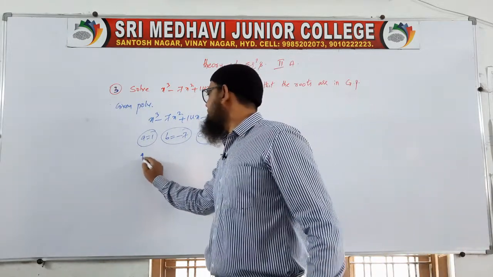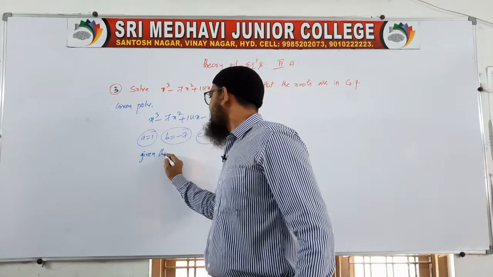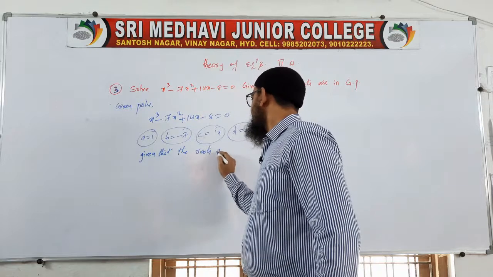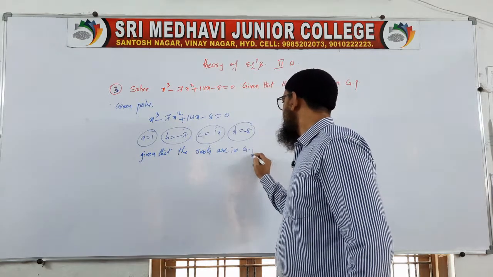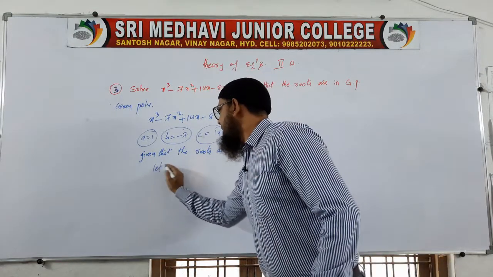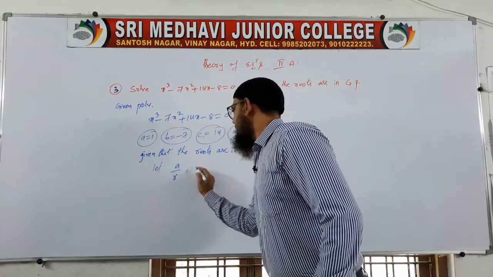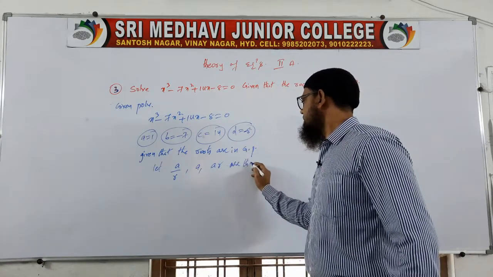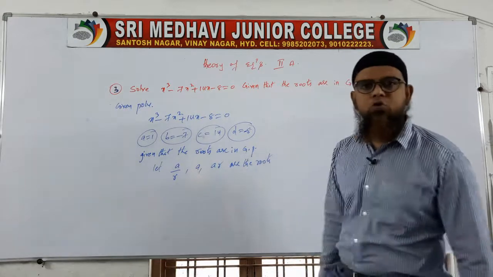Given that the roots are in GP, how to assume the roots here? Let a by r, comma, a, comma, a r be the roots.